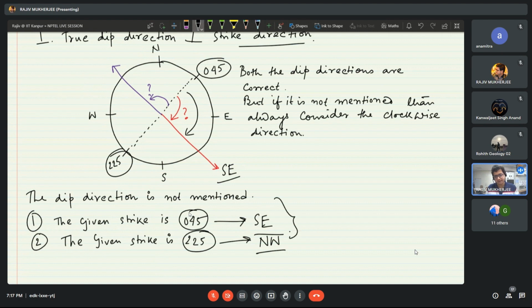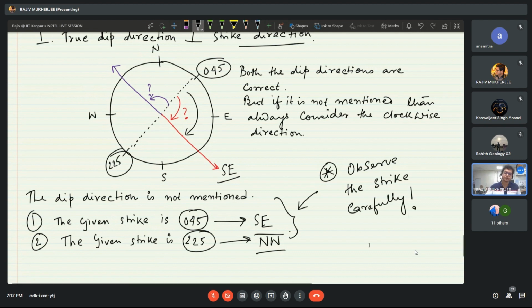So observe the strike carefully. Which end is given in your data?